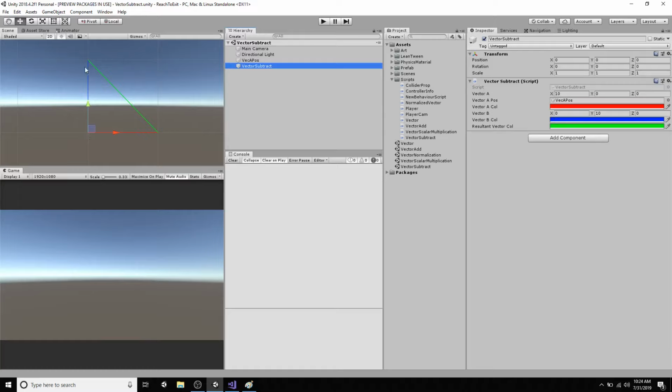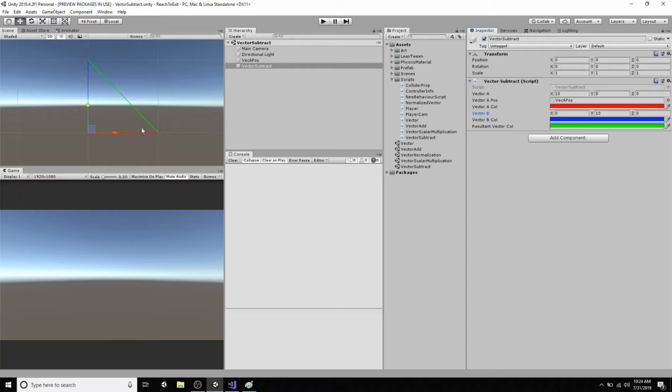So when we subtract the two vectors, that is when I subtract vector a from vector b, the resultant vector goes like this, and now the tail of the resultant vector points to the head of the first vector, and the head of the resultant vector points to the head of the second vector.